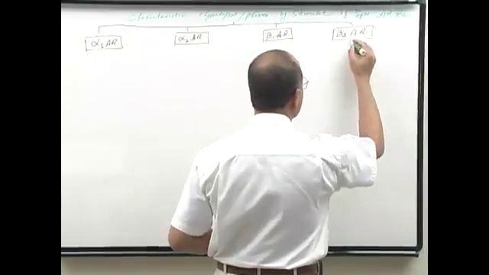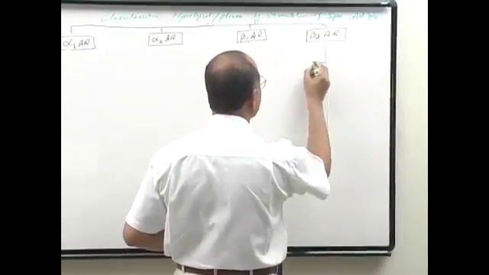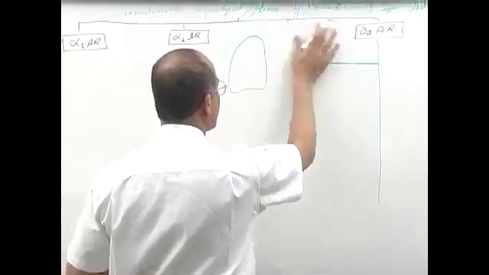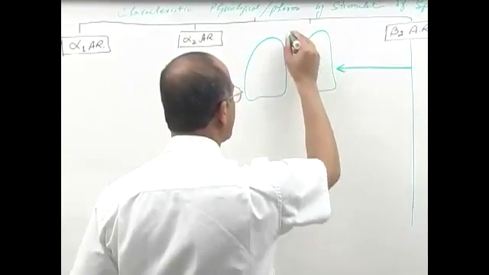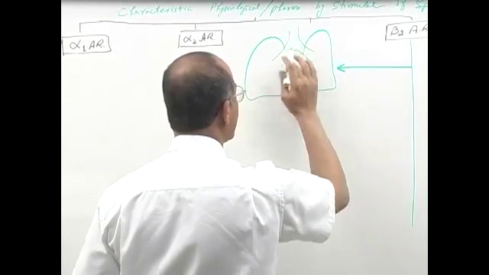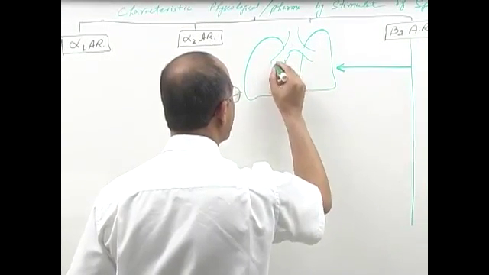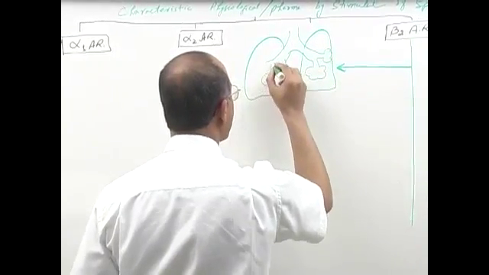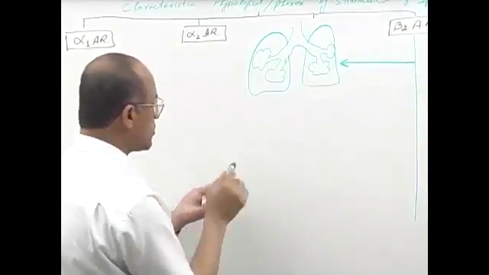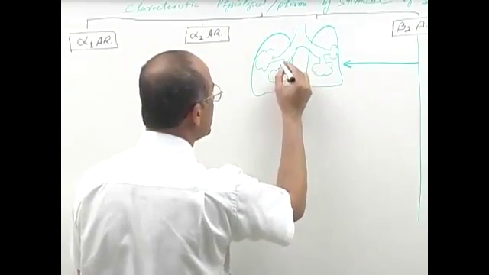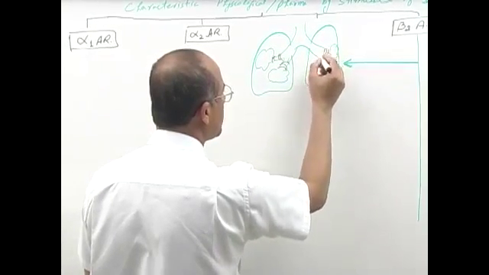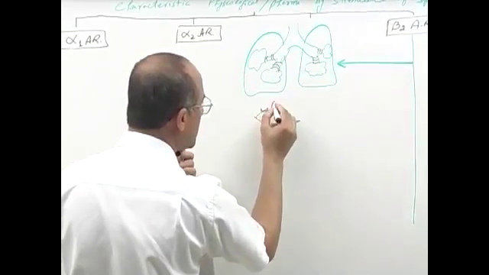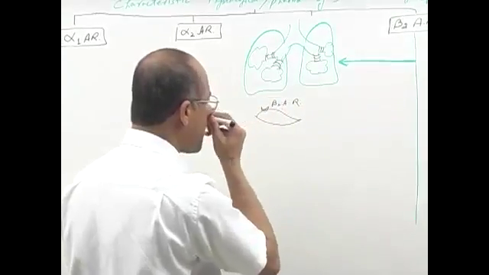Yes, beta 2 receptors. Number 1, in the lungs there are beta 2 receptors present on bronchial smooth muscle. These are bronchial smooth muscles. It's a very simple diagram, and on this smooth muscle there are beta 2 adrenergic receptors, right?